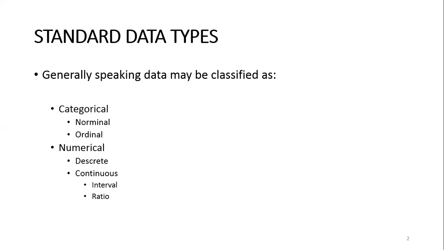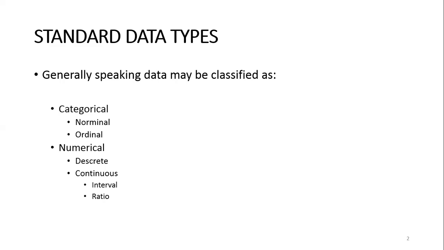Ordinal data is ordered data, like ranked data. That's ordinal data. Under numerical data, we have whole numbers, otherwise called integer. Those are discrete data.